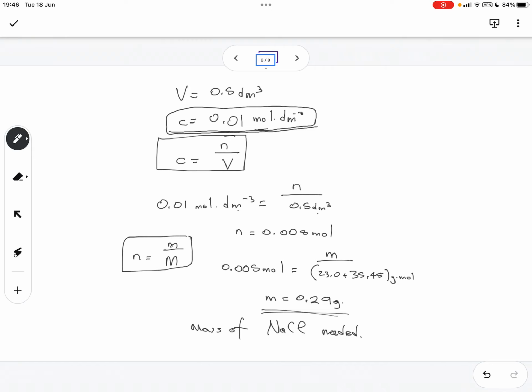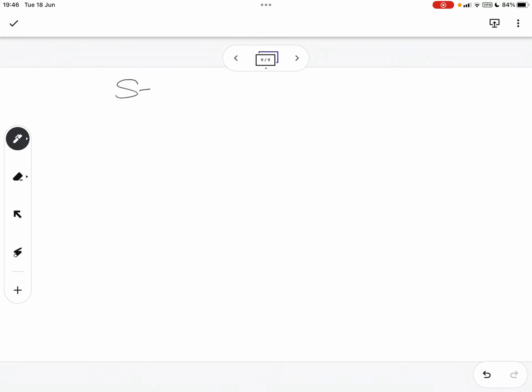So the next type of calculation that's done is called a stoichiometric calculation. I'm going to look up what that means.